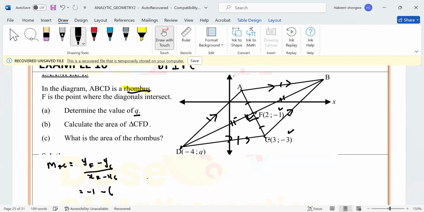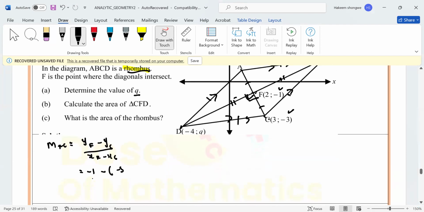What is Y of C? -3. All over X of F, 2, minus open bracket, it's 3. And then if you simplify this, what do you get as your answer? -2. Are you sure? So we get -2. Sharp. Okay, next.